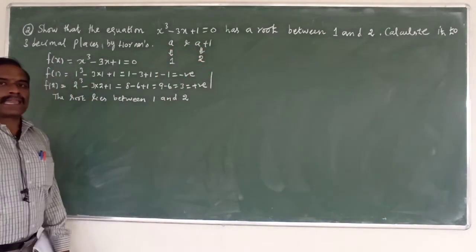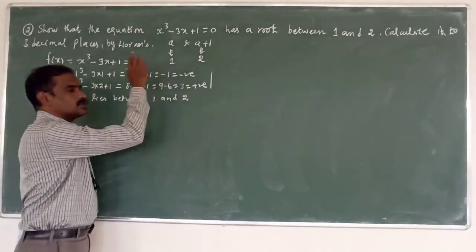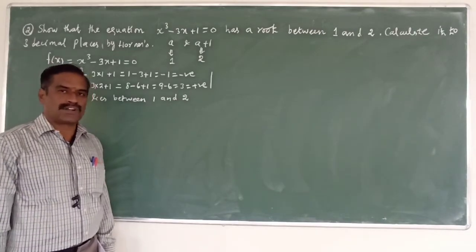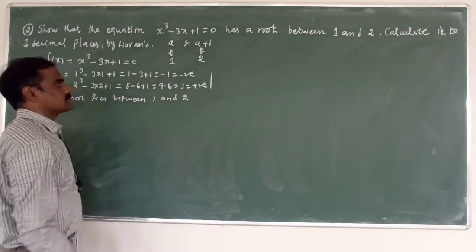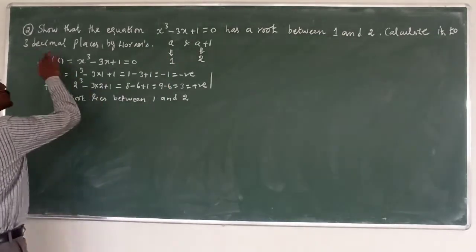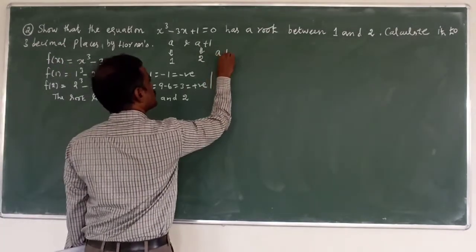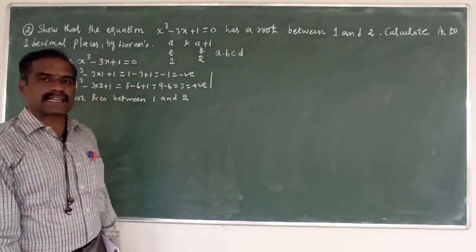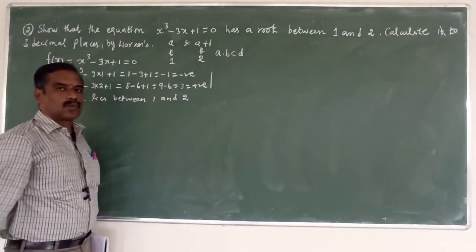In Horner's method we have to take only the negative integral part. Now with the integral part negative, we have to find out 3 decimal places. 3 decimal places means a dot b c d. Here a is the integral part, which is 1.